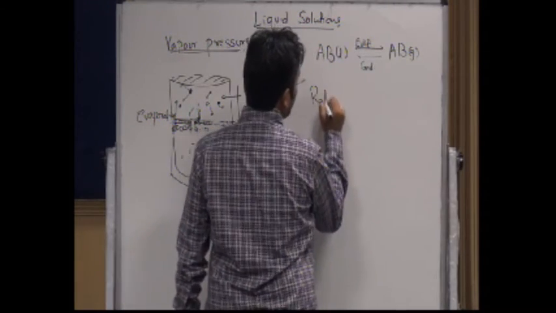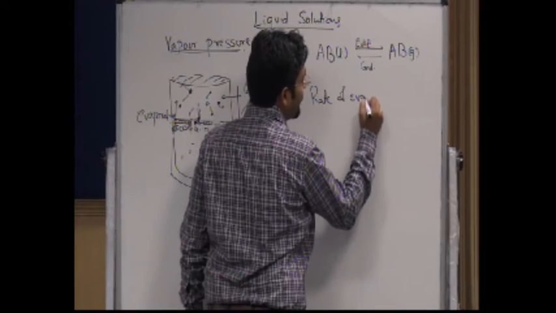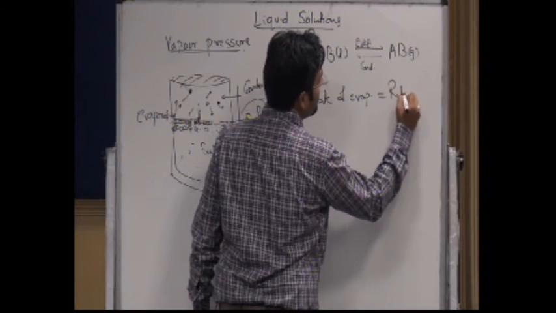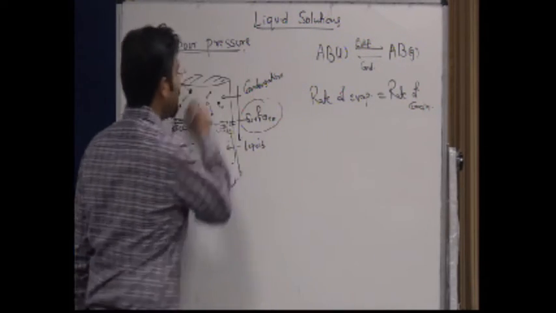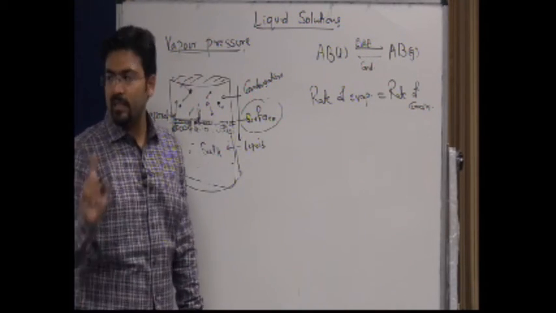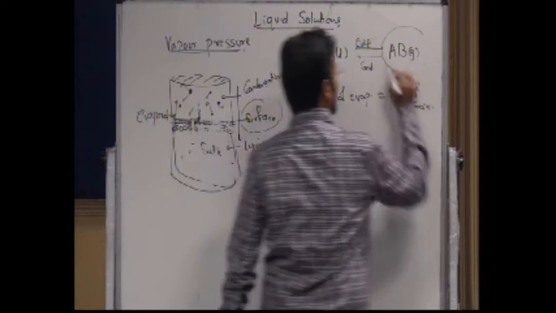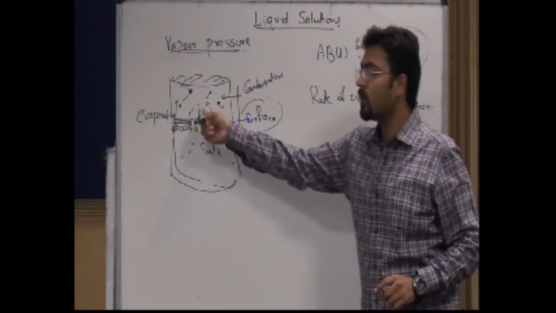When the rate of evaporation is equal to the rate of condensation, the system will attain an equilibrium. When it attains equilibrium, the number of vapor particles will be constant, it will not be changing.